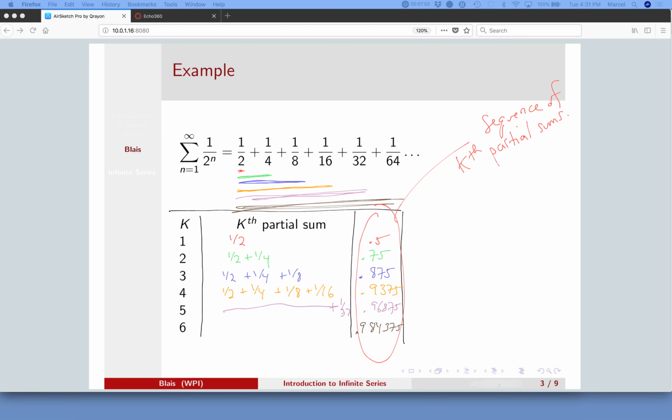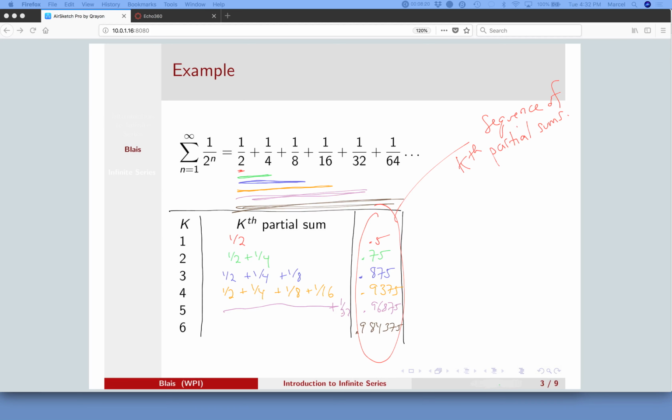And that will give us our definition of convergence for this series. If the limit of the sequence of Kth partial sums converges, that limit will be equal to the sum of all of the numbers. That limit of the Kth partial sums as a sequence will be equal to the series.